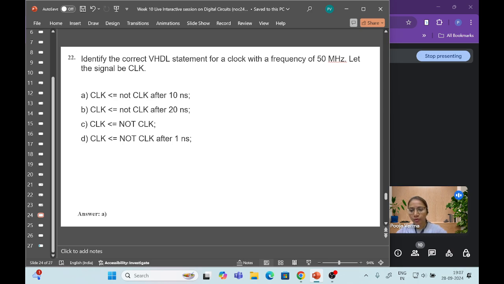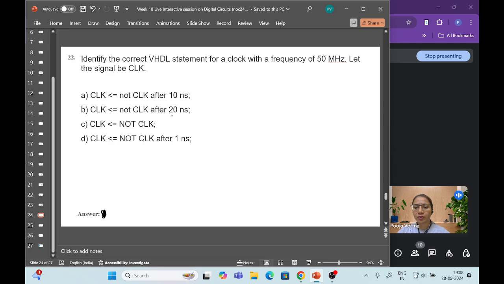Okay, so moving to the next question. Identify the correct VHDL statement for a clock with a frequency of 50 megahertz. Let the signal be a clock. So which option is correct? Option A is clock equal to not clock after 10 nanosecond.